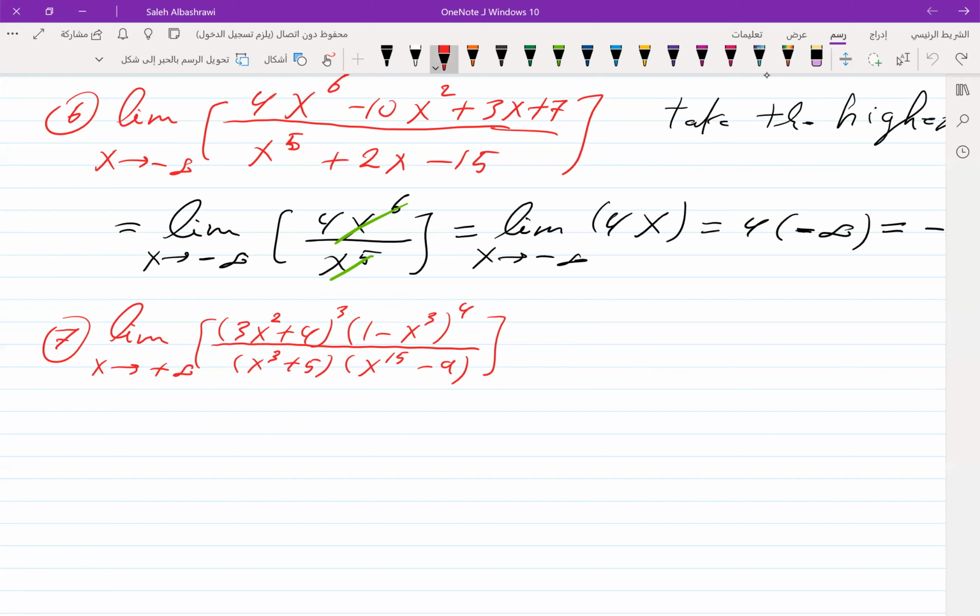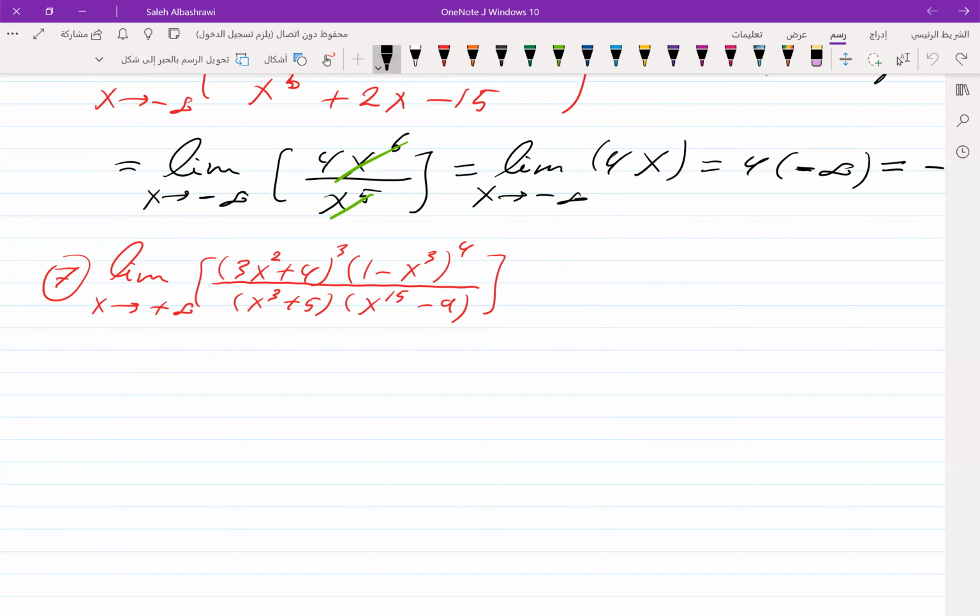Or just take the highest power from each bracket. To make it easier, we are going to take the highest power for each bracket. We will not open the brackets or multiply anything.